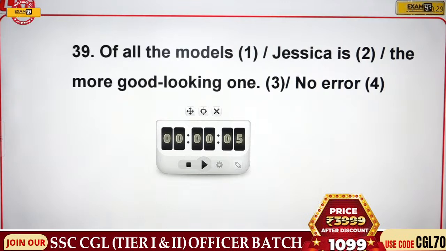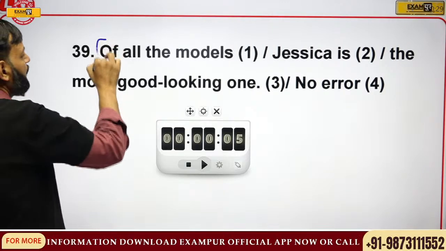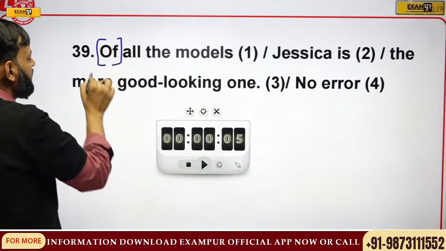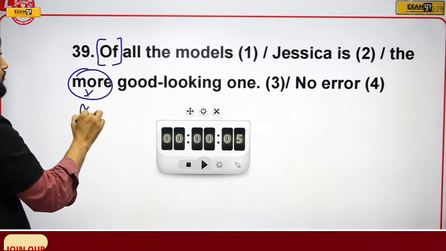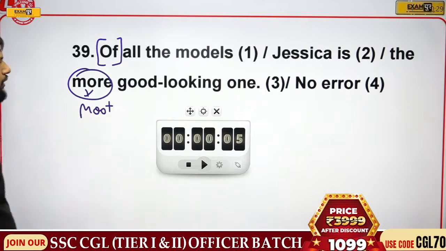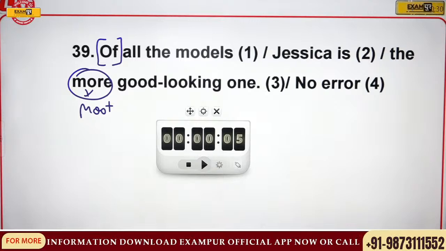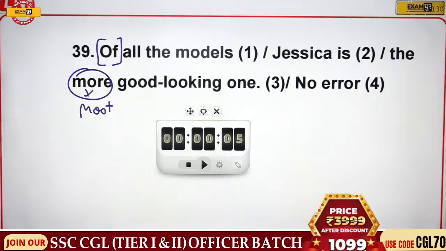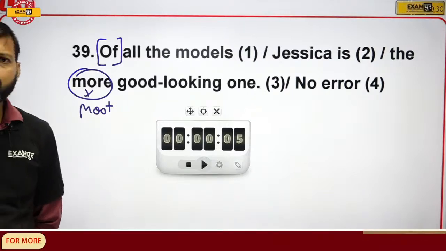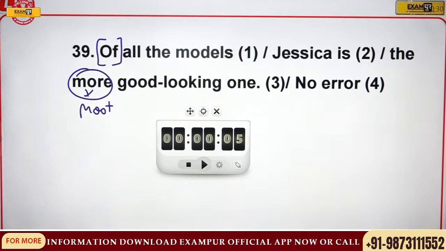Of all the models, see, of all the models, here the use of more is wrong, most will be used. Okay. Of all the models, Jessica is the most good looking one. So here more will be replaced by most. Most good looking is the right answer.